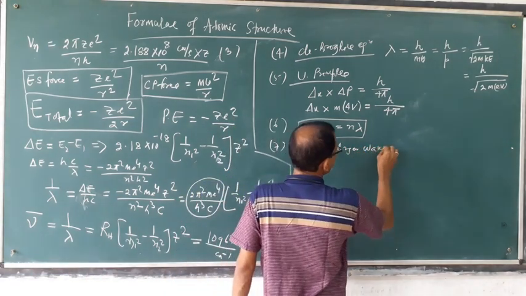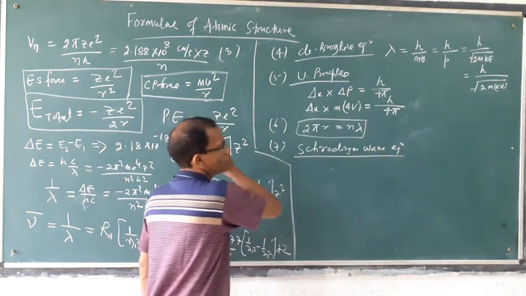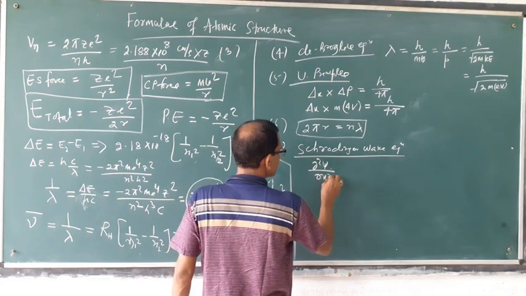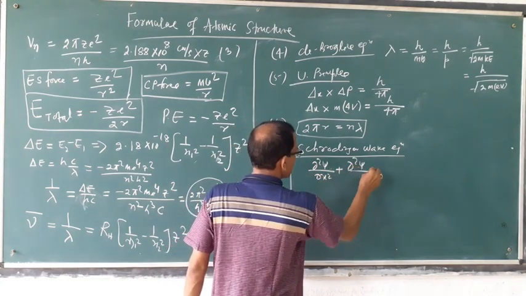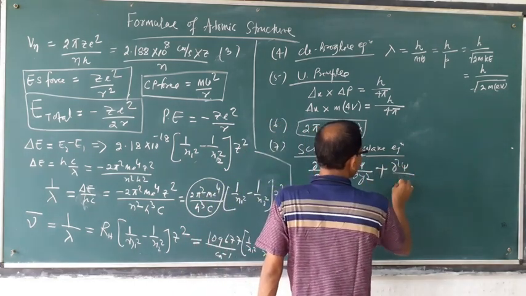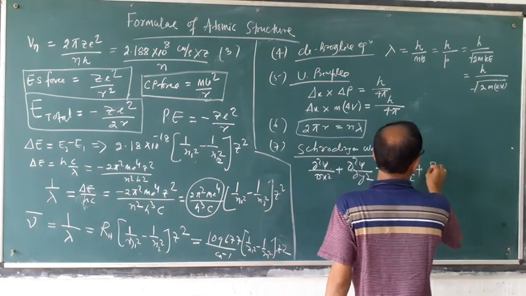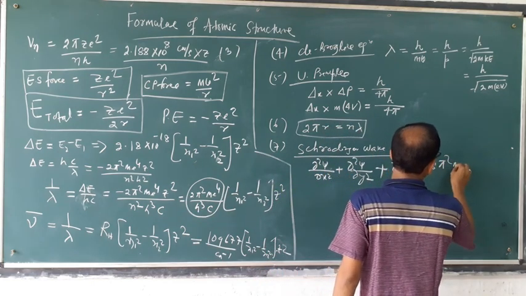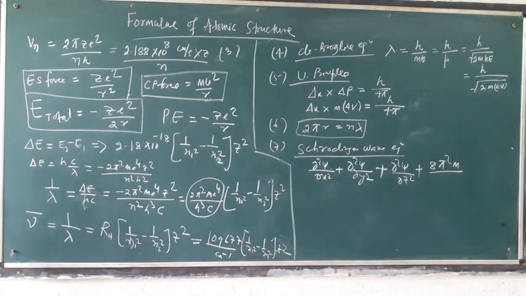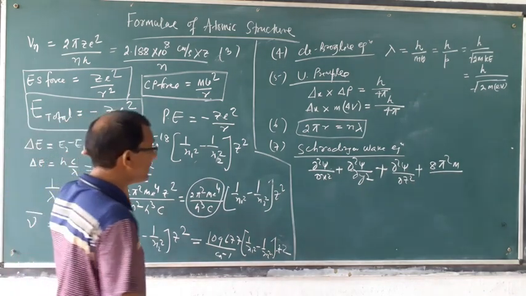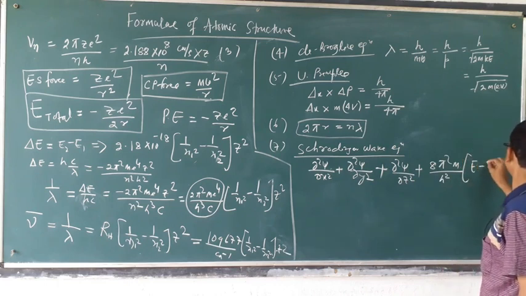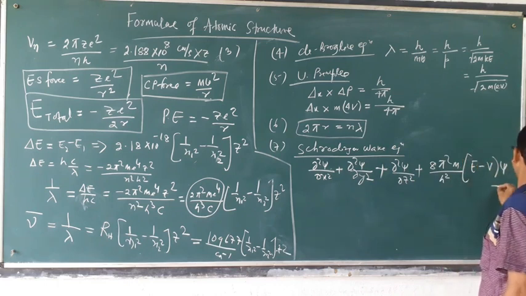Schrodinger wave equation: del square psi by del x square plus del square psi by del y square plus del square psi by del z square plus 8 pi square m by h square, whole into E minus V, into psi is equal to 0.